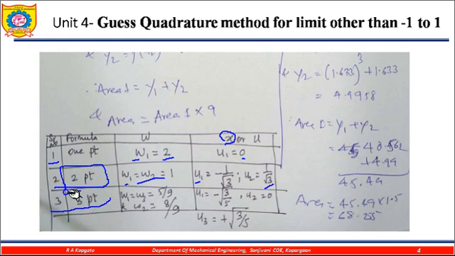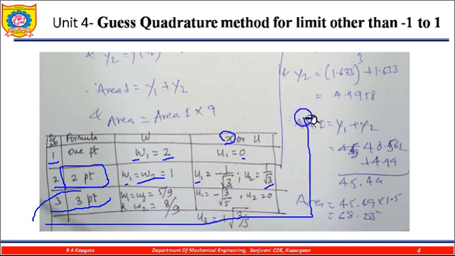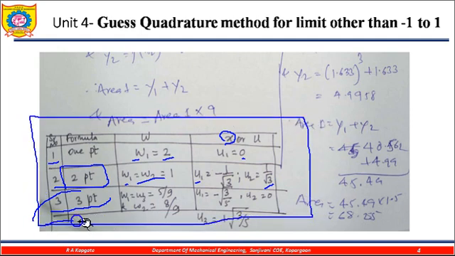If the problem is of 3 points, then w1 and w3 are equal to 5 by 9 and w2 is equal to 8 by 9. u1 is equal to minus root 3 by 5, u2 is equal to 0, and u3 is equal to plus root of 3 by 5. So whenever a problem of natural coordinates comes, you need to remember all these values perfectly. There is a necessity to remember this.